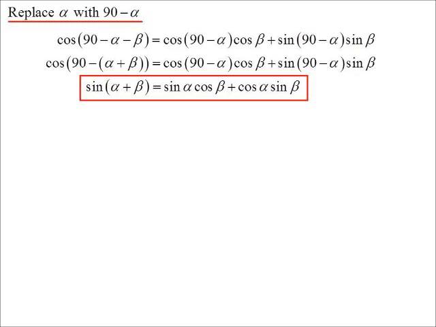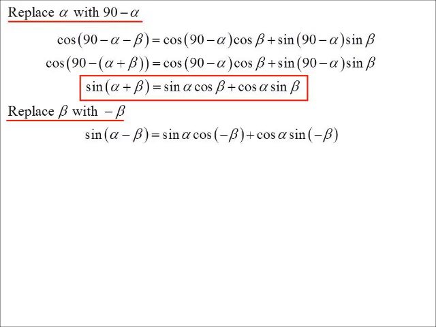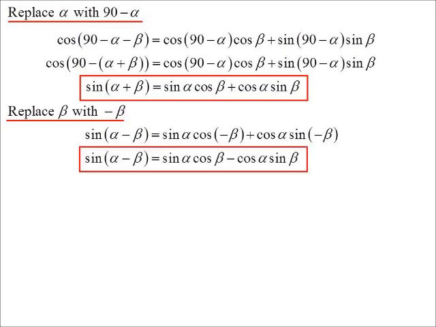All right, so there's another one if I want to expand out sine. Let's replace beta with negative beta in that one and see what happens. So same sort of idea, left-hand side becomes alpha minus beta, but now playing with the odd and even functions, the cos of negative beta becomes cos beta, the sine of negative beta becomes minus sine beta, and again we have a pattern.